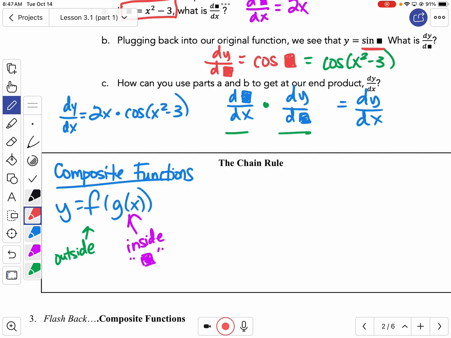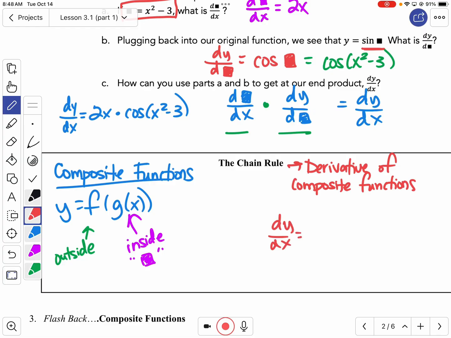And the chain rule is how we find the derivative of compositions. Okay, it's a product, right? So we just said that dy dx would equal the derivative of the inside with respect to x times the derivative of the outside with respect to the inside.